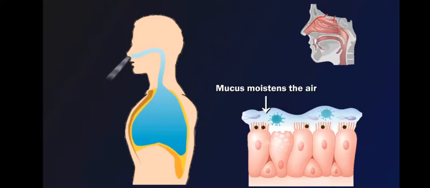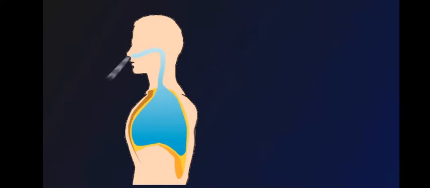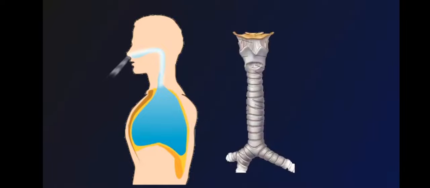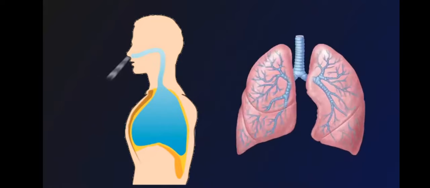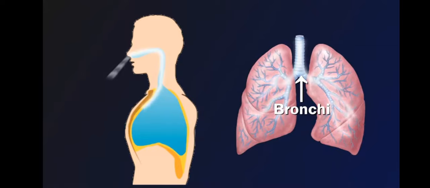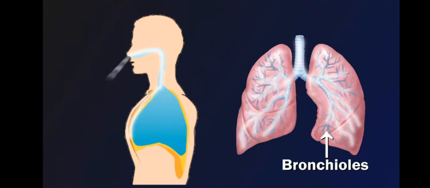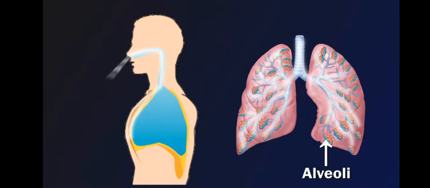Mucus also moistens the air and capillaries in the nasal cavity make the air warm. After purification, air enters the windpipe where it further gets purified by mucus and cilia. Total air gets divided by bronchi and enters the lungs where it further gets divided by bronchioles. And finally all the gases reach millions of alveoli.